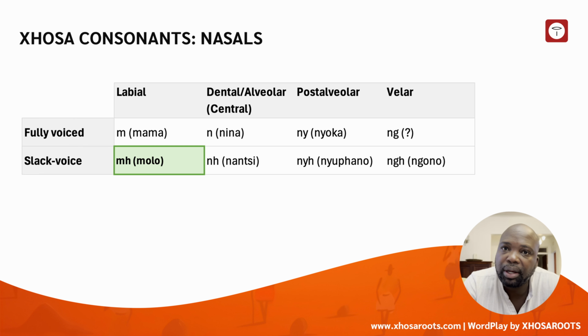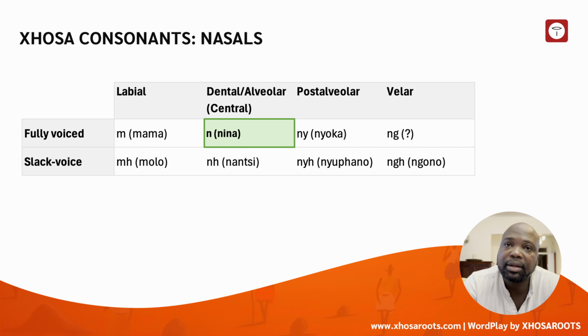Molweni would be hello, referencing multiple people, so that would be a plural version of the word. And we have the dental, which is nina. Nina means you in the plural. Wena would be you, referring to one person. Nina would be you, referring to multiple people.